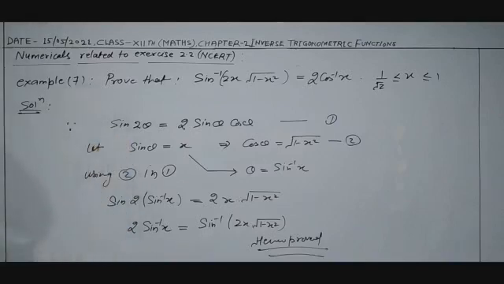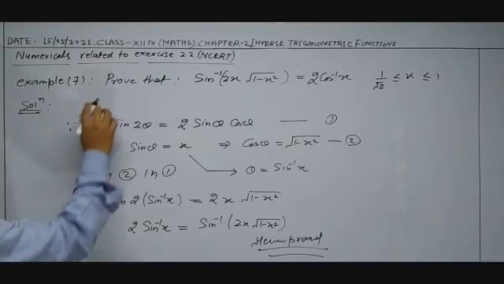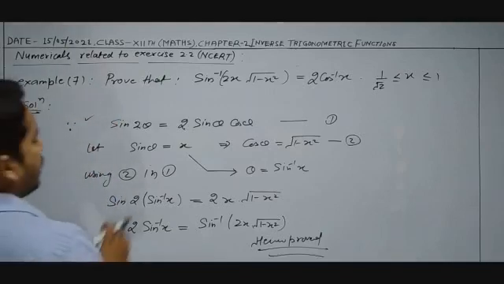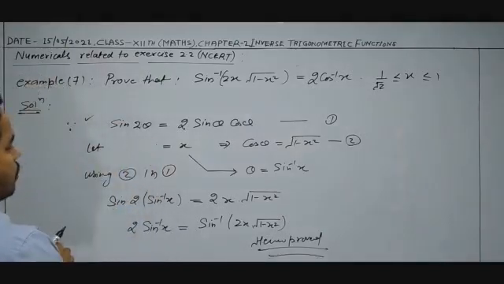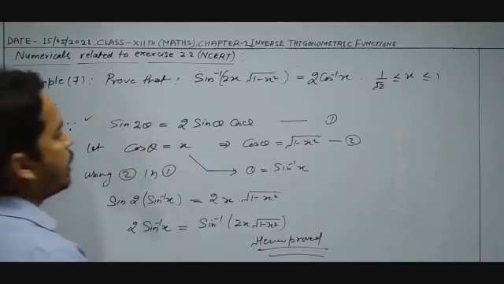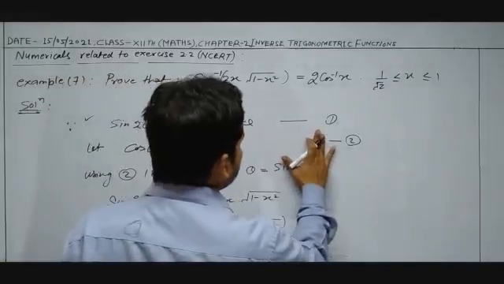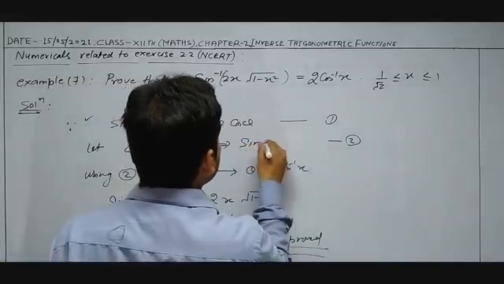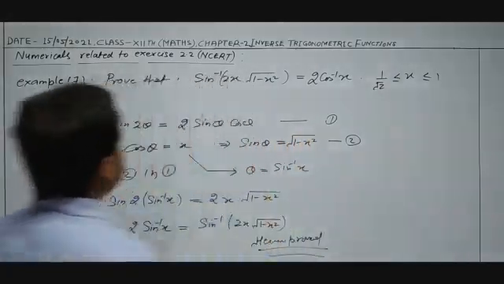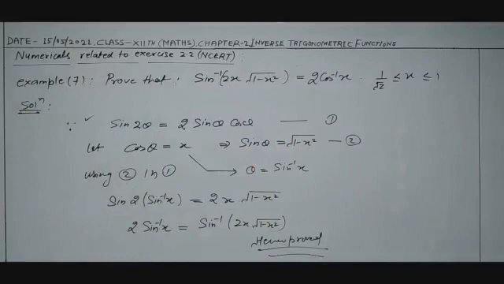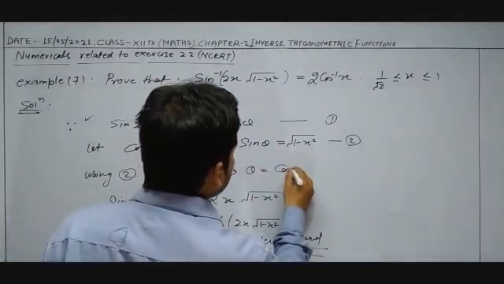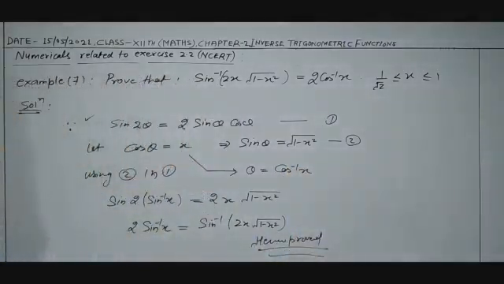So again I will take this formula, sin 2 theta is equal to 2 sin theta cos theta. Consider cos theta is equal to x, then sin theta will be equal to root over 1 minus x square. So theta will be equal to cos inverse x.